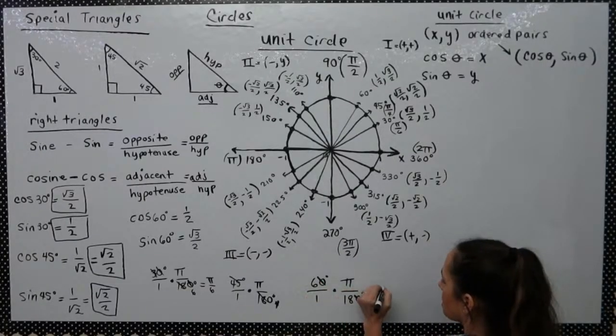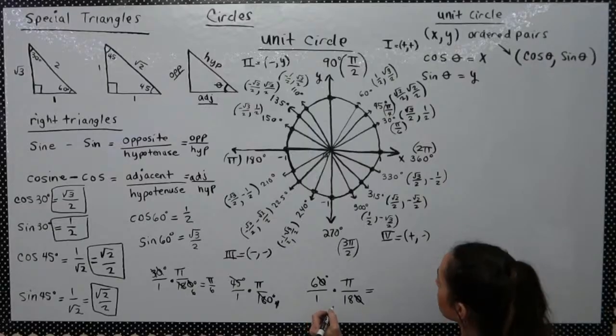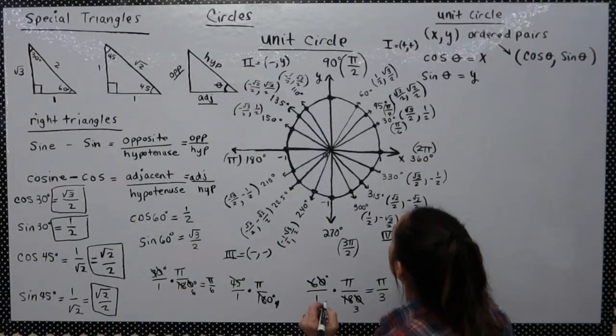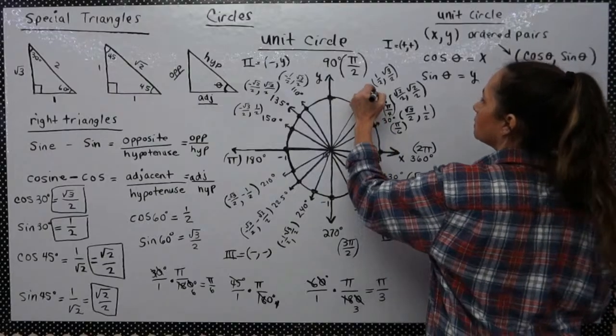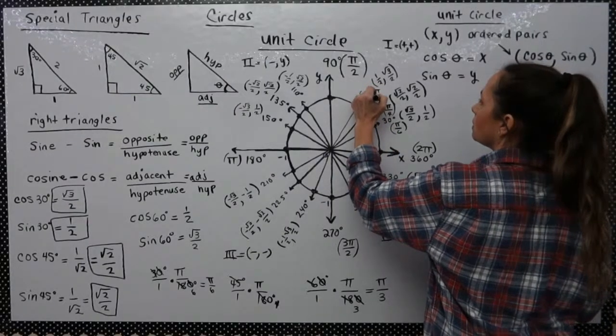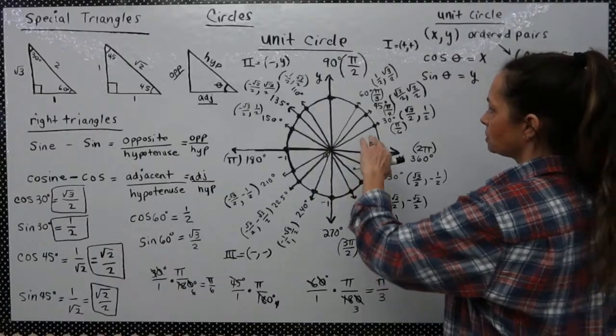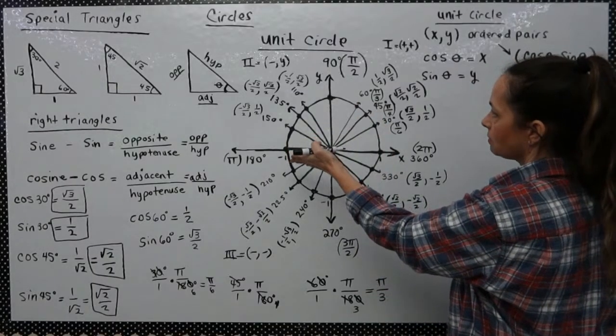And so 6 goes into 18 3 times. So that becomes pi over 3. And then we will just repeat that process for all the other ones.